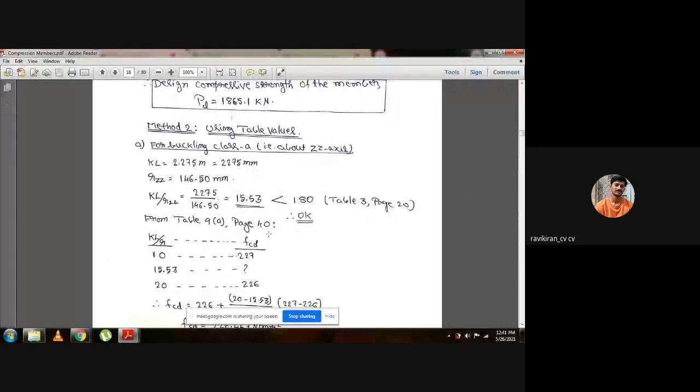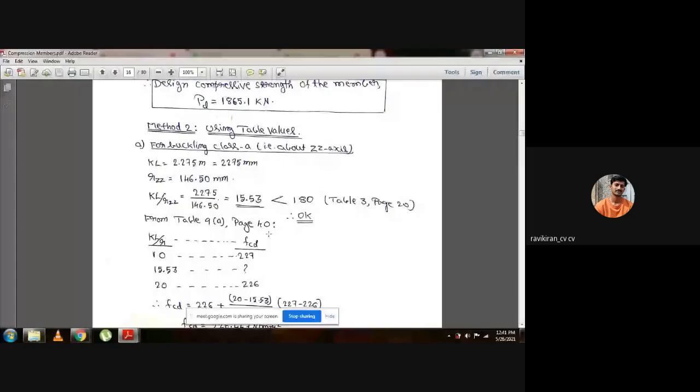Open buckling class A. In the IS 800 codebook, design compressive stress FCD value.